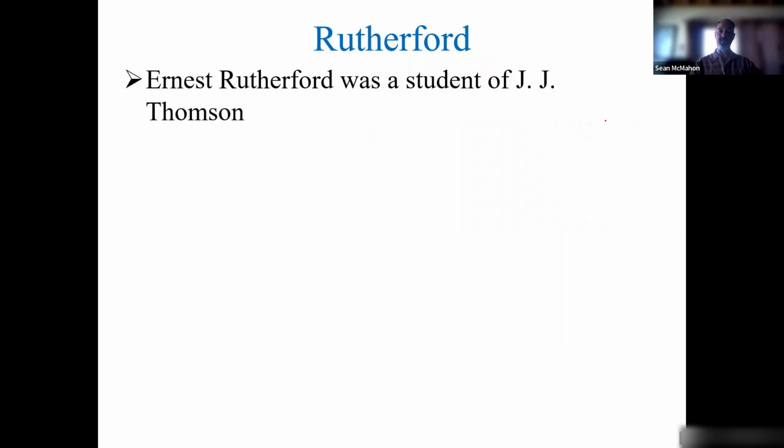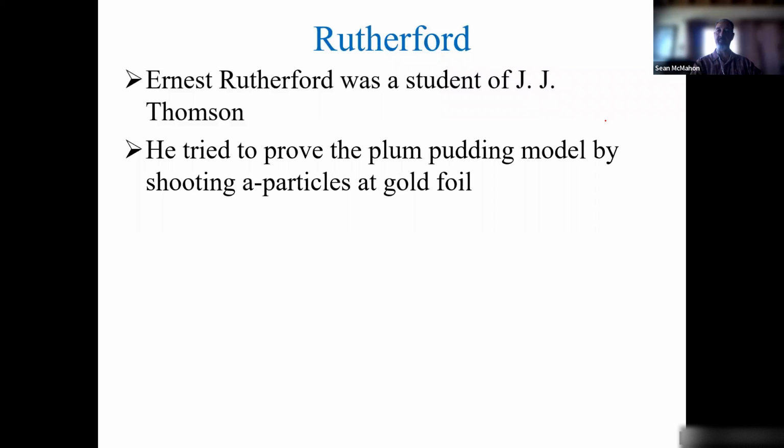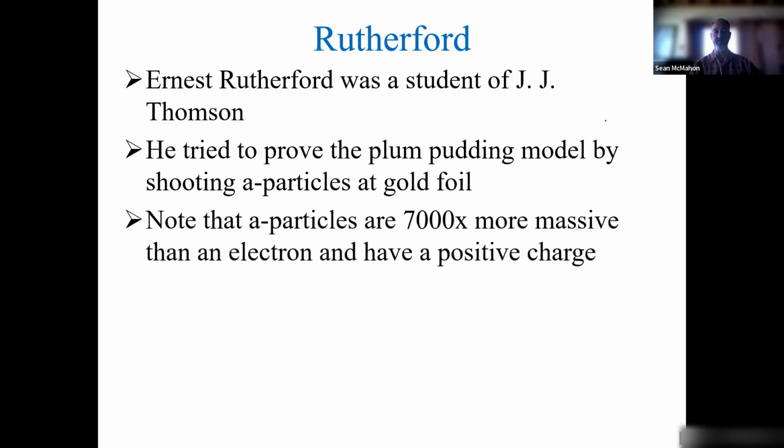So Rutherford was a student of Thomson, and he wanted to test the plum pudding model to support his mentor's, his teacher's, theory that the electrons were held in kind of empty space in this positive sphere. The way he did it was he shot alpha particles, high-speed particles that are much smaller than an atom, at a thin sheet of gold foil, right?